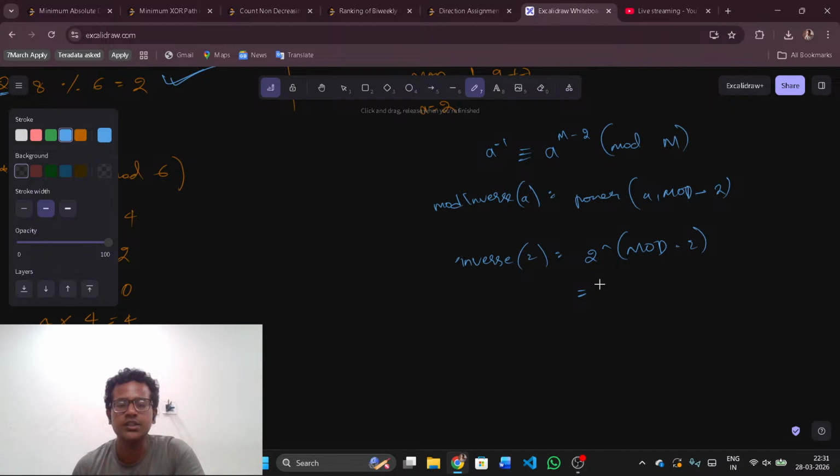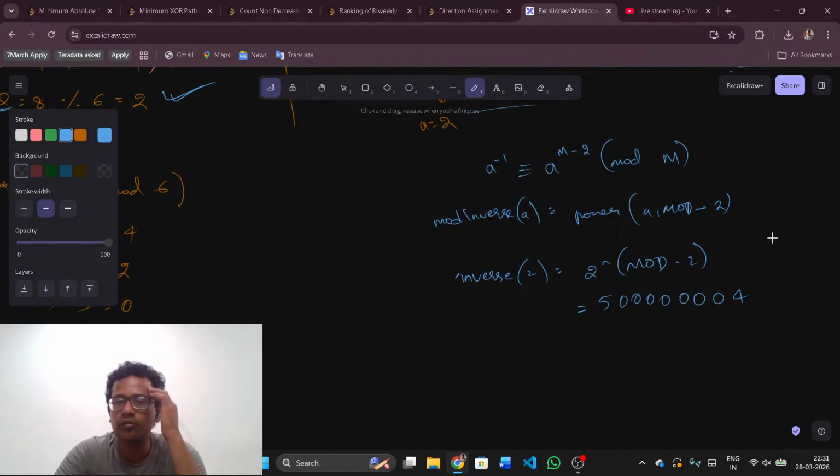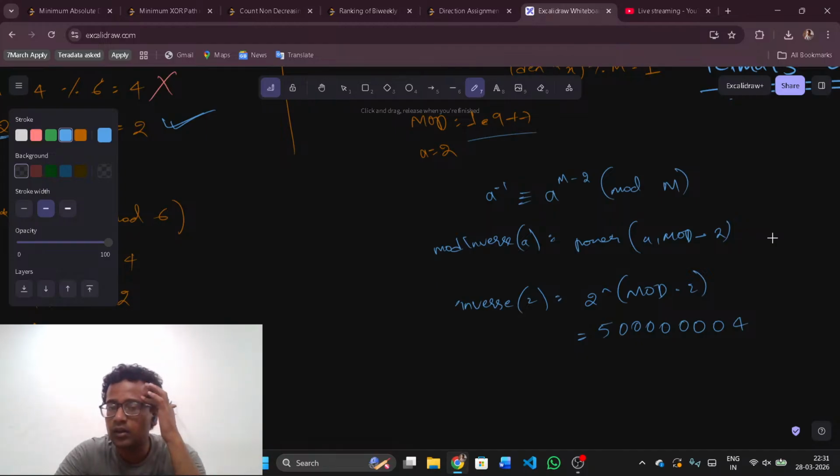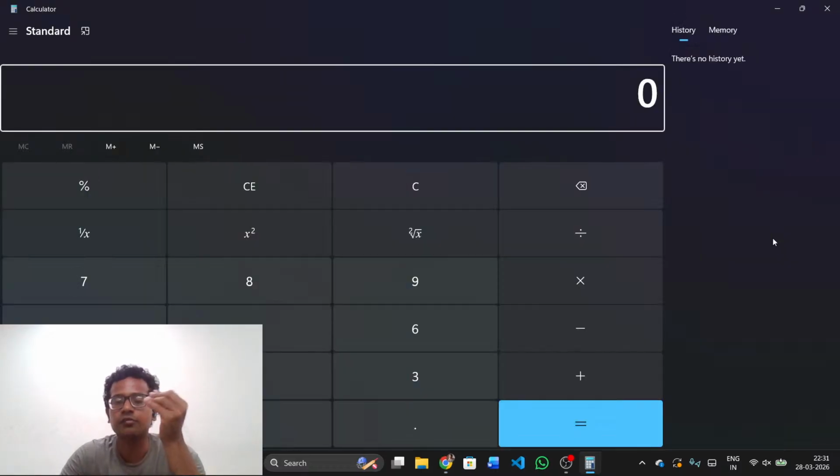Now, let us check 2 power mod minus 2, where mod is 10^9 + 7.